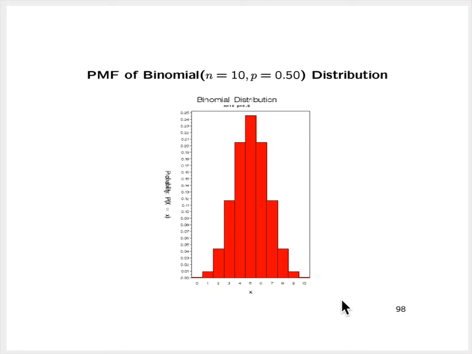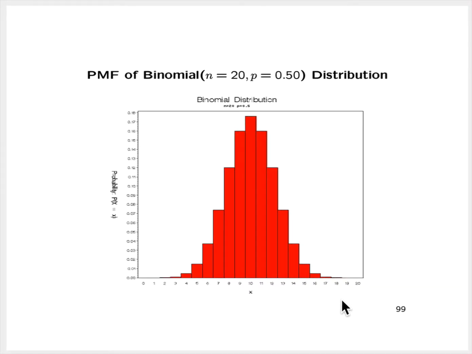Now let's look at binomial PMFs when the success probability p is equal to 0.5. And you can see here that we have a perfectly symmetric distribution. If we were to calculate the skewness coefficient for this distribution, we'd find that it's 0. And by the way, that's for samples of size 10.